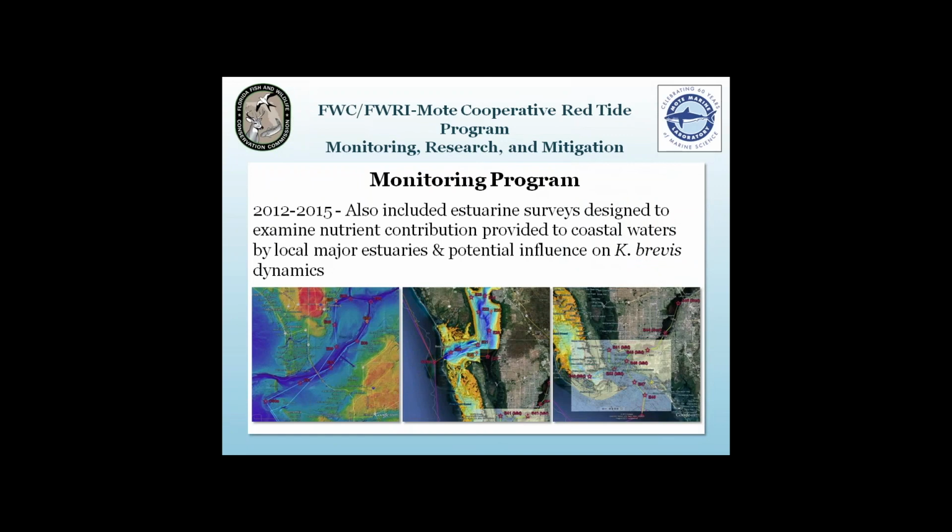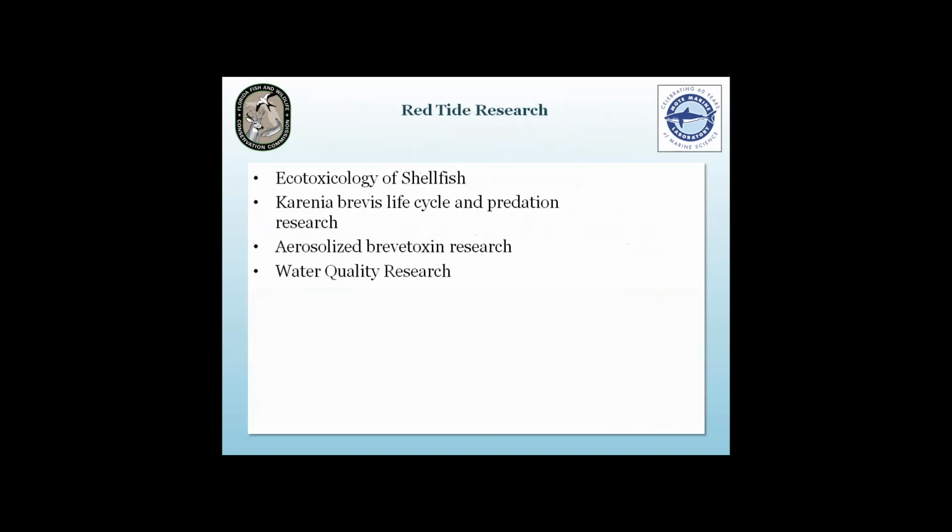We have also looked at estuaries, and we have found that red tides significantly correlate with riverine flows to Charlotte Harbor, but for duration, we have found no correlation between red tide duration with Caloosahatchee flows.